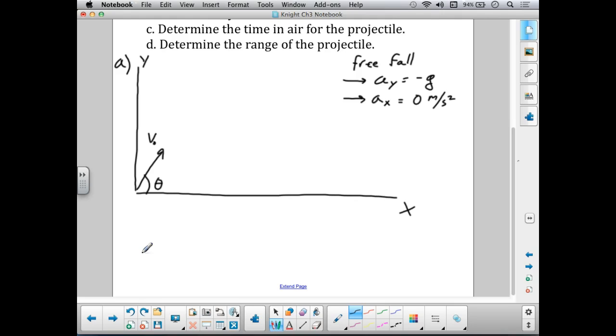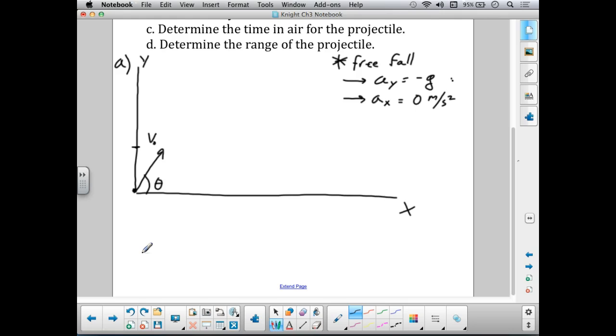Now we also know that in two-dimensional motion, we can consider the horizontal motion separate from the vertical motion. So let me just consider the vertical motion first. If the object is in free fall, then I know, just like a ball tossed straight up in the air, if I start at 0 and then I'm here after some amount of time, and the projectile is slowing down, its acceleration is negative.